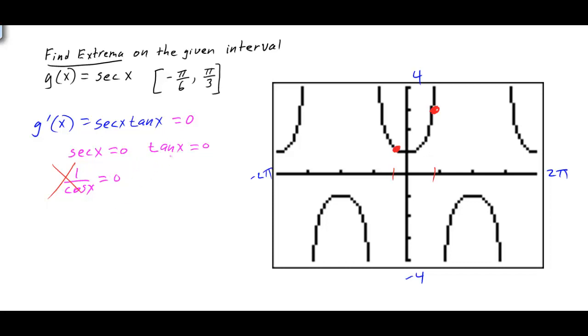Tangent of x, where is the tangent of x equal to 0? Well, the tangent of x is equal to 0 where y over x equals 0, and that's going to occur when x equals 0. So this is going to be our only critical number, right here.